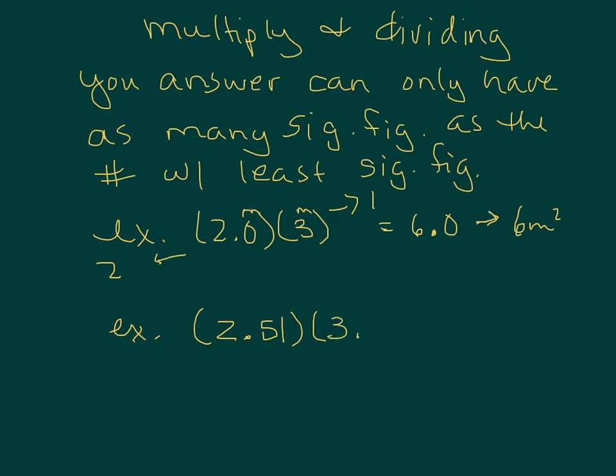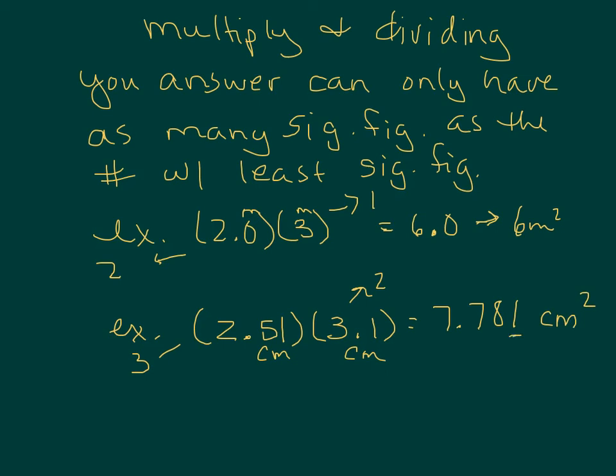Times 3.1. So 2.51 times 3.1. The 2.51 has 3 significant digits. The 3.1 has 2 significant digits. When I multiply that out on my calculator, you are going to get 7.781. Now you cannot leave the answer that way. You can't just take whatever's on your calculator, because when you do that, you are saying that this measurement is accurate out to the third decimal place, the thousandth place.